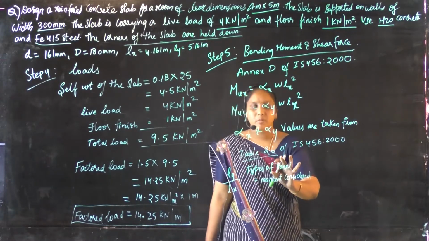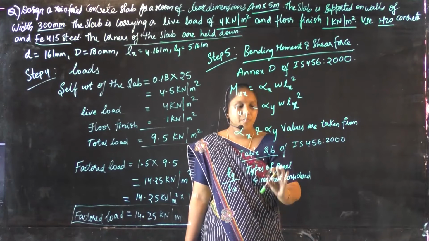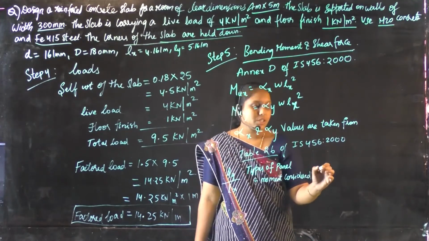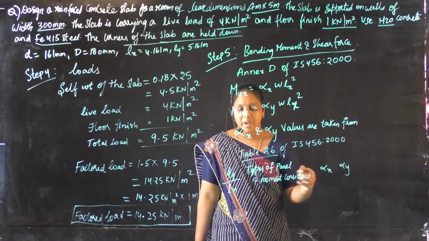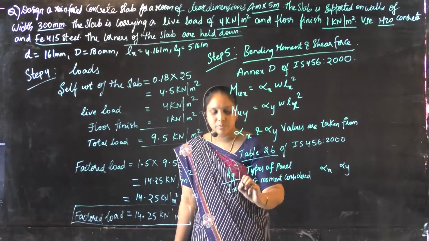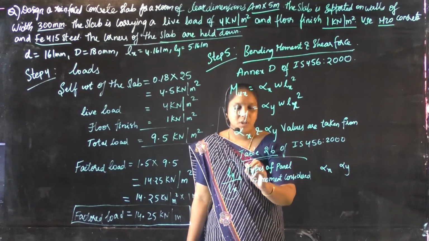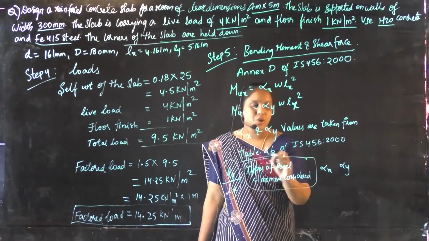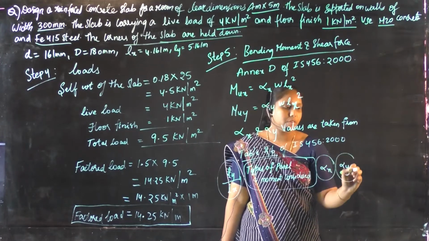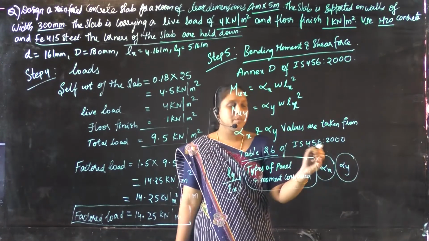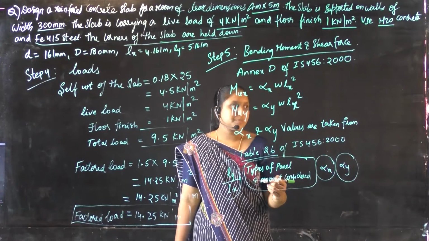In this way there are 9 conditions. For those 9 conditions, the alpha x and alpha y values are given. Based on the Ly by Lx ratio and the condition you are taking, you have to choose the alpha x and alpha y values, which are nothing but the bending moment coefficients.